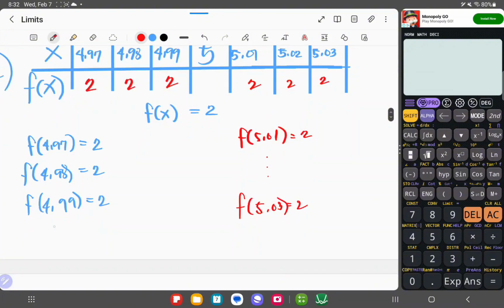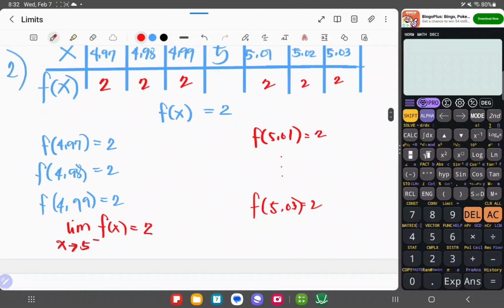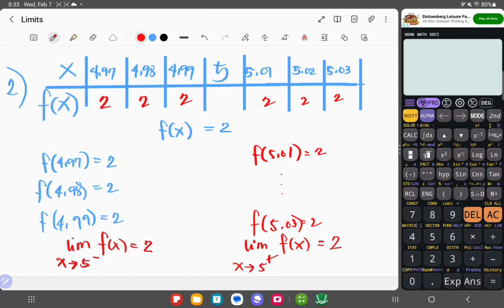We could say that the limit of our f of x as x approaches 5 from a negative direction is equal to 2, while on the other side, the limit of f of x as x approaches 5 from a positive direction is also 2. We could see here that the limit on our left-hand side and our right-hand side are the same. They are both equal to 2. Therefore, the limit exists and it is equal to 2.